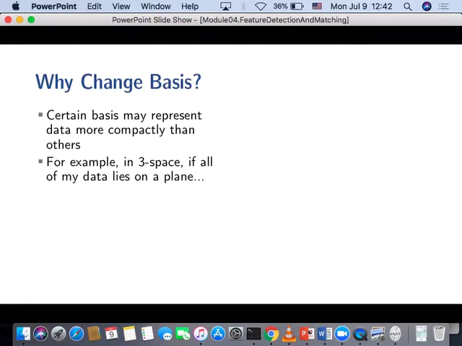For example, in a 3 space, if all my data lies on a plane, let's say this was my data. This data is randomly distributed, but it's random numbers oriented along a plane. You have actually generated data like this before in your homework. So you know what this data looks like. It's all points on a plane. Okay.